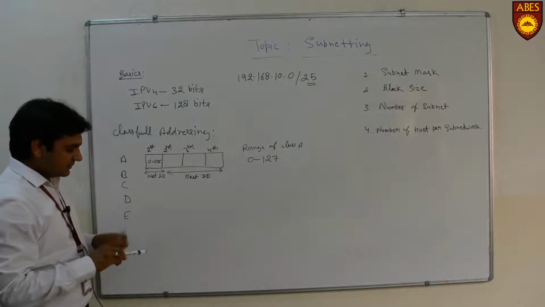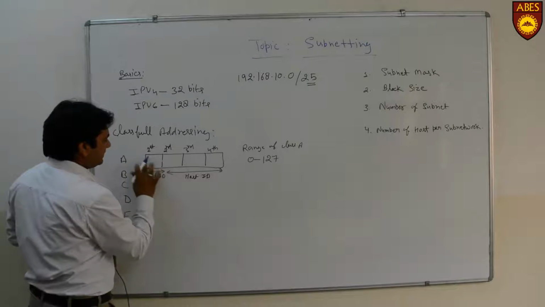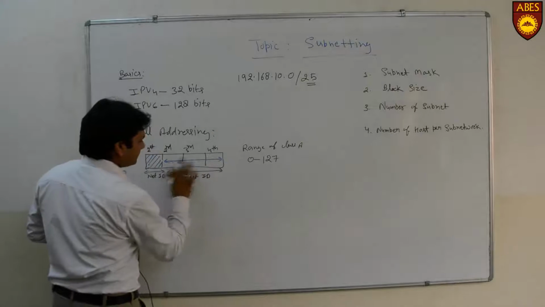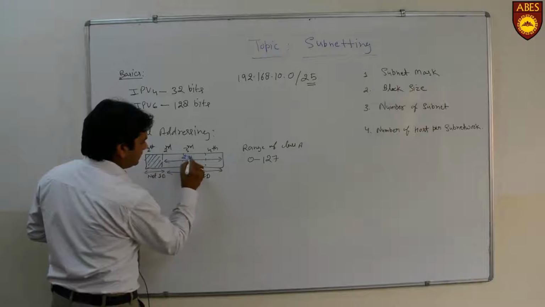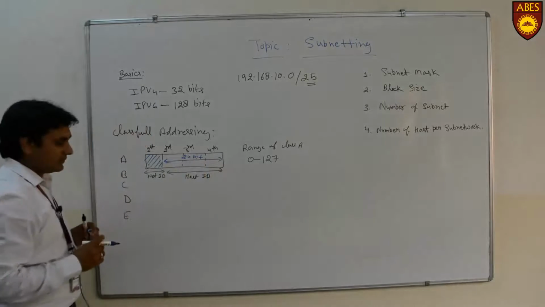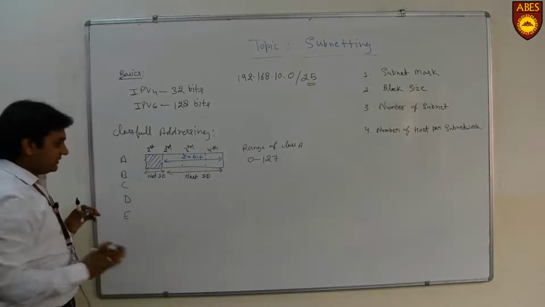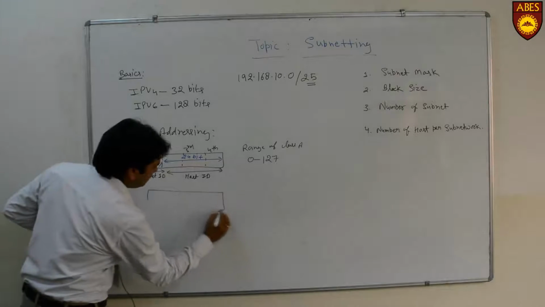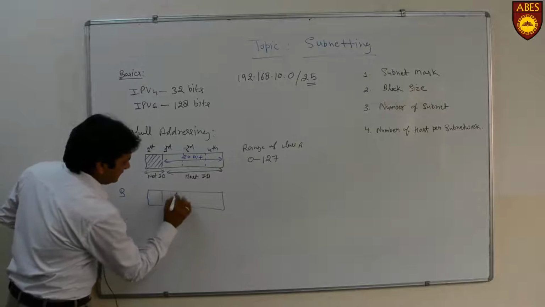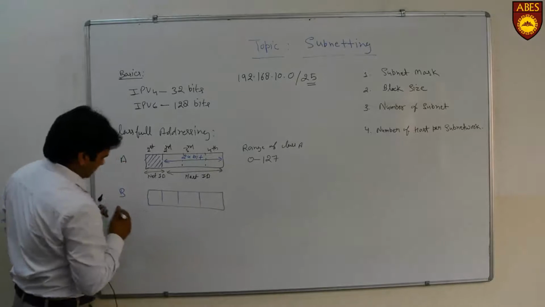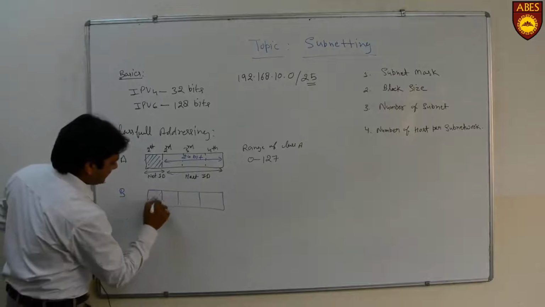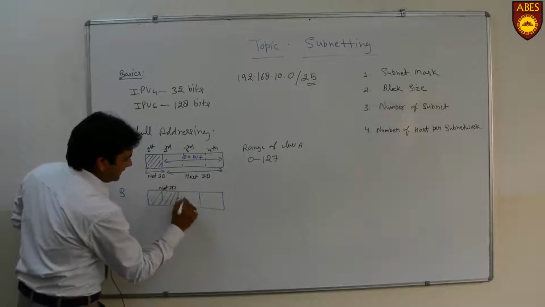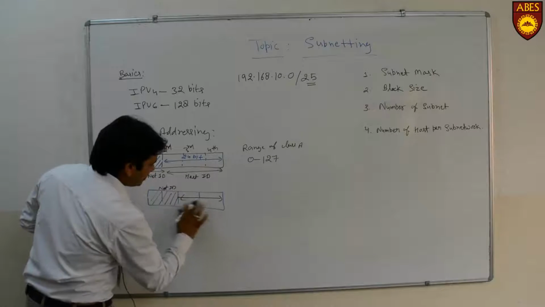For class A, 8 bits represent the network ID and 24 bits represent the host ID, total 32 bits. For class B, there is again a 32-bit address with 4 blocks. The starting 16 bits represent the network ID and the last 16 bits represent the host ID.